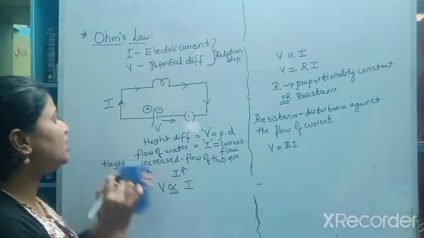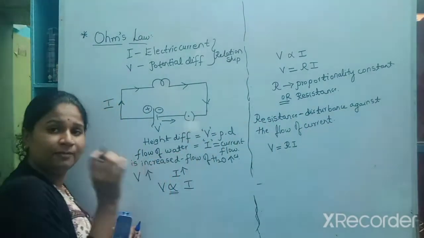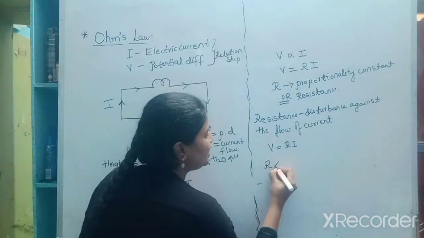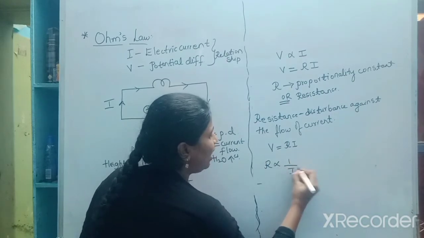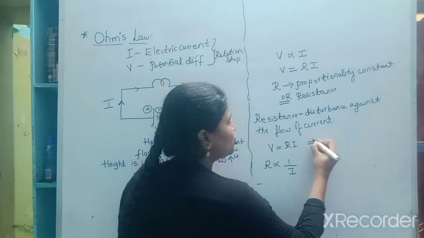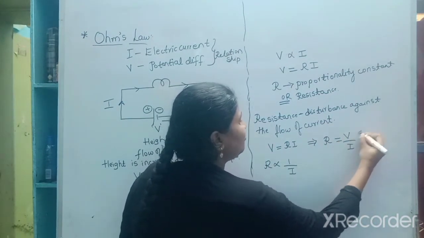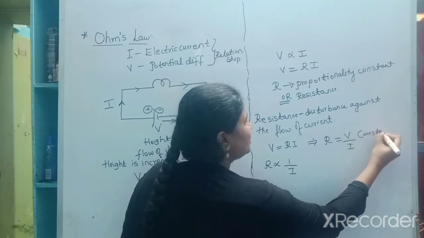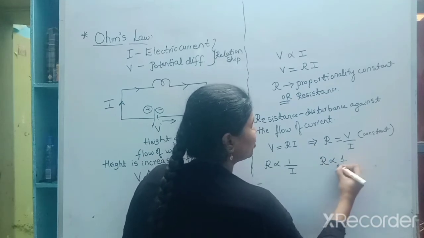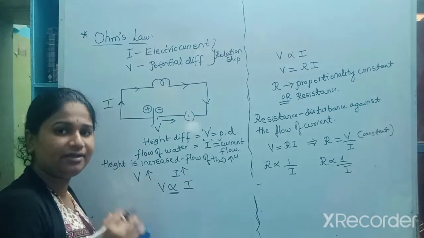By these statements, resistance and current, we can tell that R is inversely proportional to I. How? If you solve for R, R is equal to V by I. When we consider V as a certain constant, we can say that R is inversely proportional to the current.